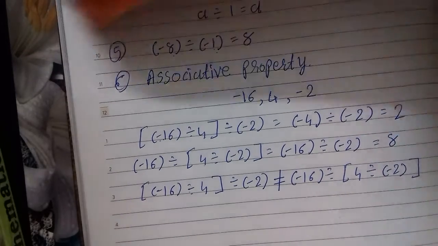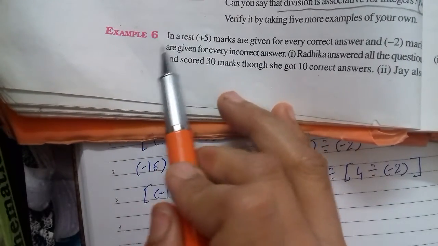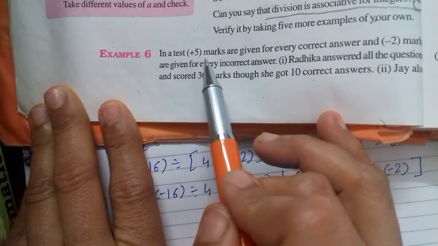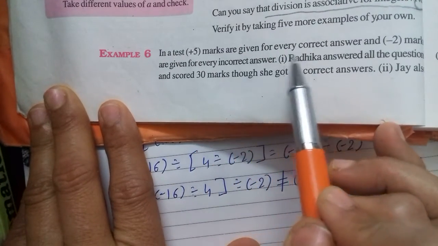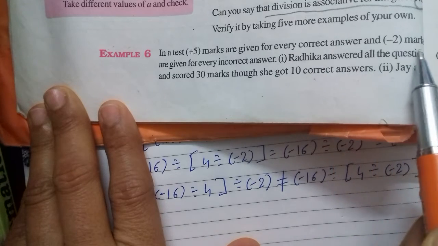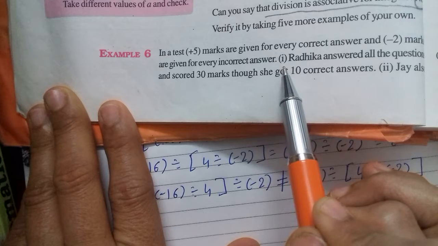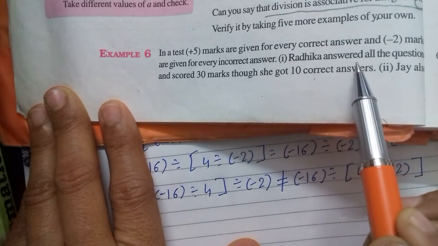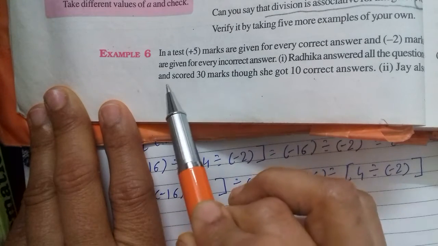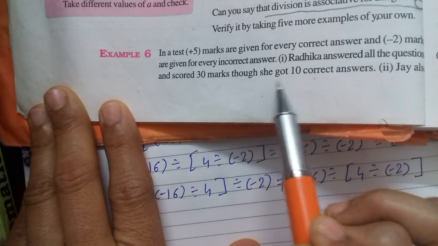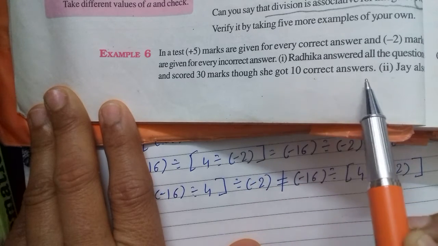Now an example from the textbook. In a test, plus 5 marks are given for every correct answer and minus 2 marks are given for every incorrect answer. Radhika answered all the questions and scored 30 marks, though she got 10 correct answers.